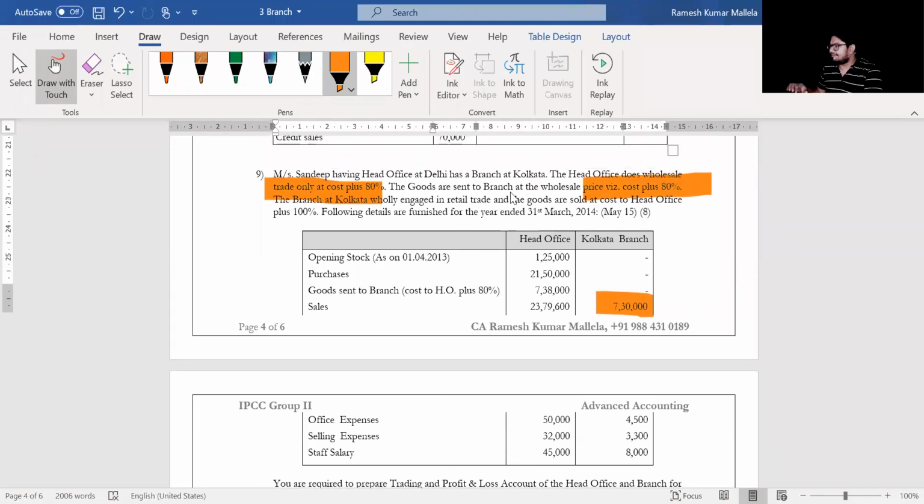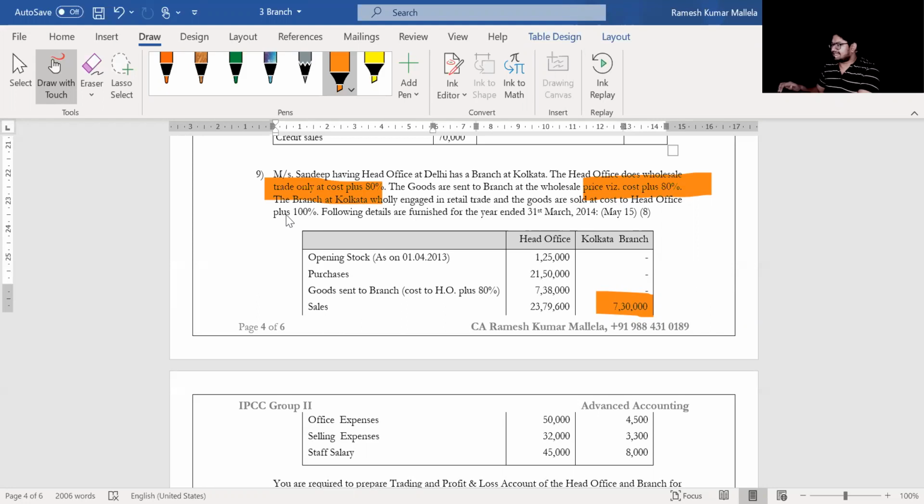Now, what did he tell about sales made by branch? The branch at Kolkata is wholly engaged in retail trade and the goods are sold at cost to head office plus 100%. That means if head office purchases anything for 100 rupees, I will sell it for 200 rupees here. Okay. I am least bothered about the price at which I have got it. I will sell it at 100% margin, is what Kolkata branch tells. Okay.